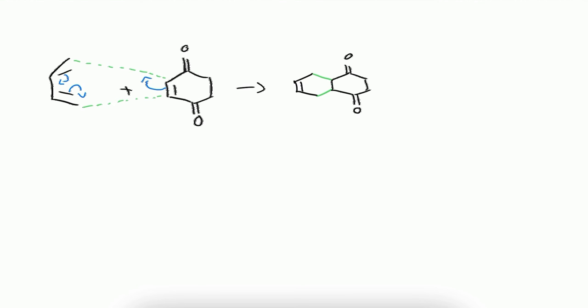Just like that. See, it's a pretty general reaction mechanism. We're forming two bonds and a new pi bond. So 2 sigma bonds form, and 1 pi bond forms.